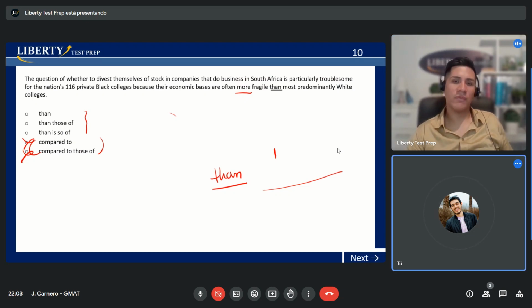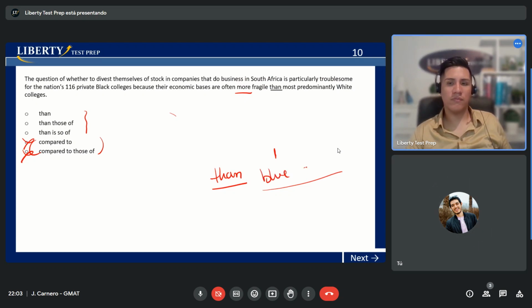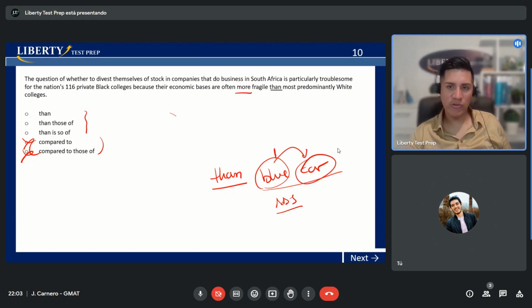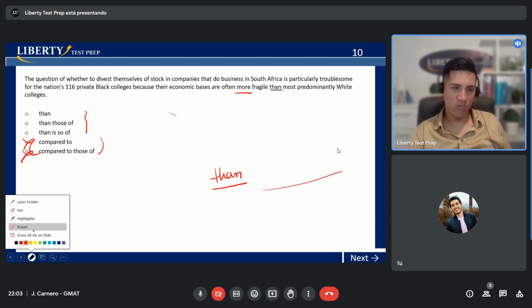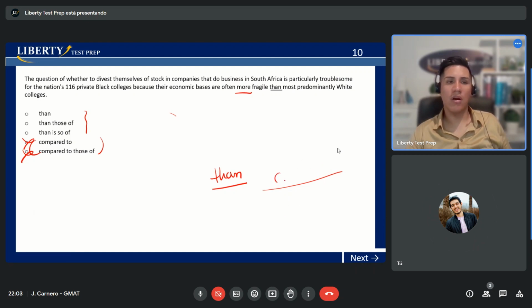If we say, for example, "blue car," on the right we have an adjective, "blue." That's not the important word, right? When you have an adjective next to a noun, the noun is the leader, and the adjective is a servant for the noun. Same way here: "most predominantly white colleges." What do we have on the right?